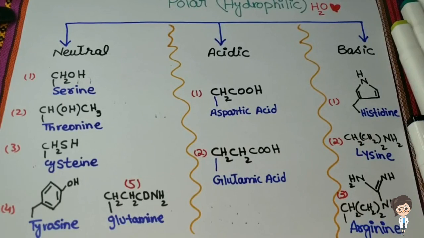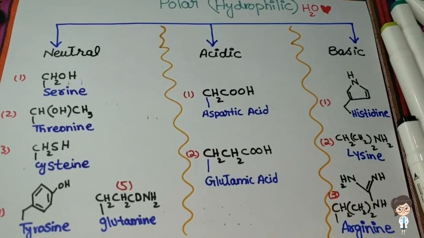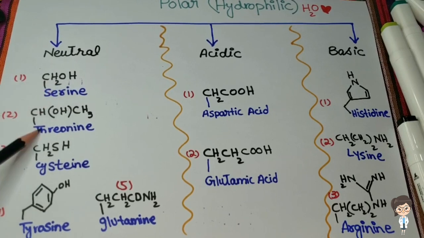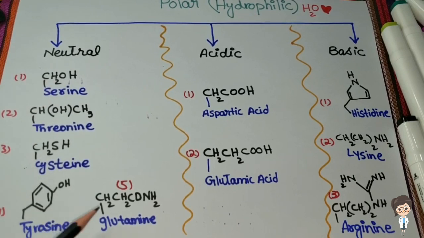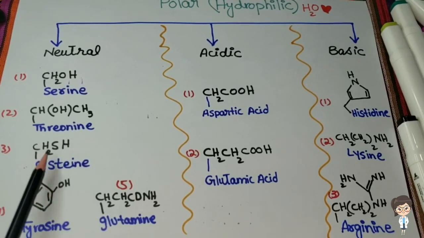So let's talk about polar hydrophilic amino acids. The first group we will look at is neutral amino acids, and the neutral group contains serine, threonine, cysteine, tyrosine, glutamine and asparagine. The way I remember that these amino acids are polar is that they have a side chain that contains a hydroxyl group or sulfur atom in their molecule.